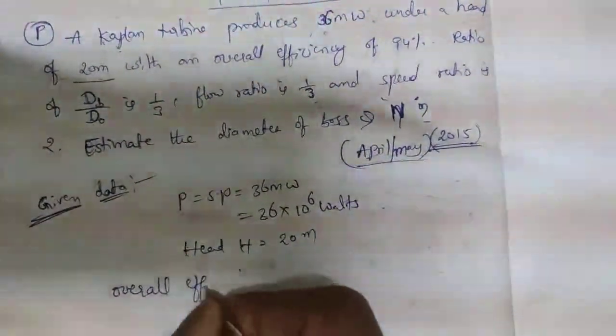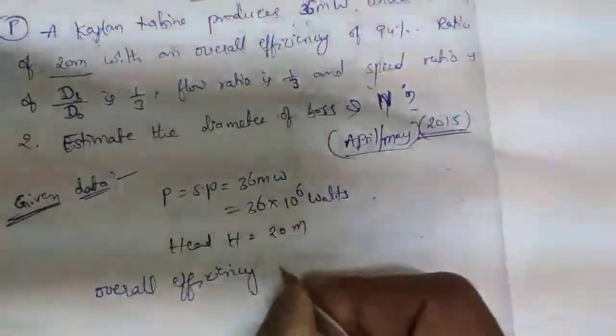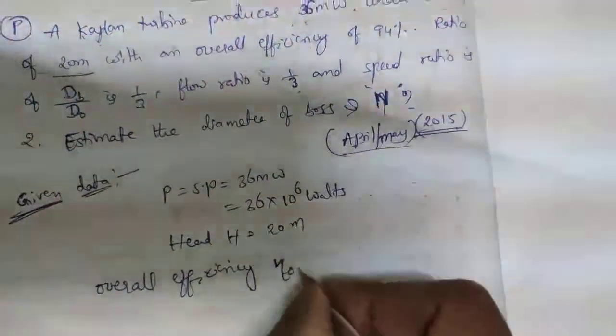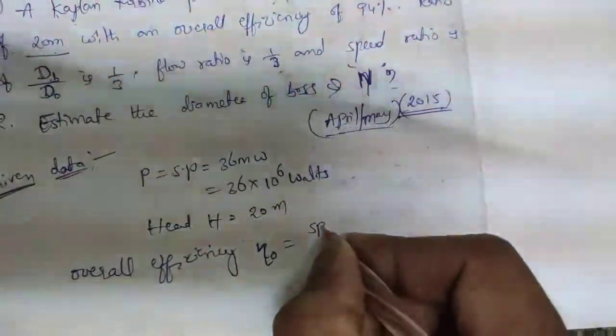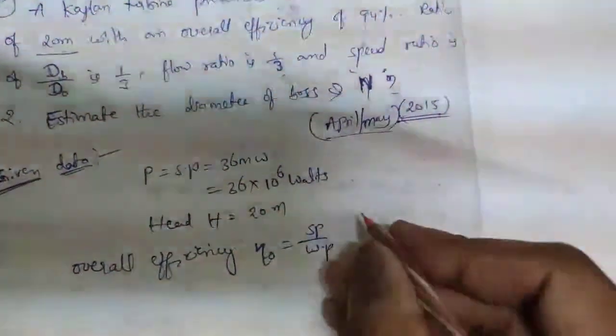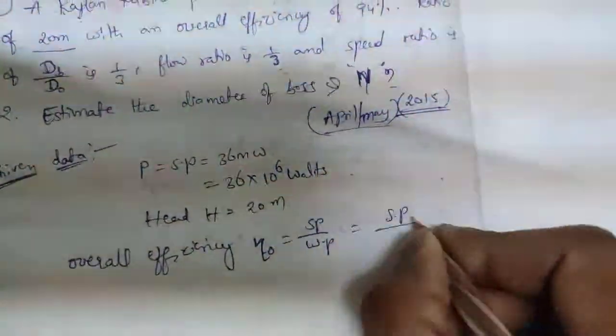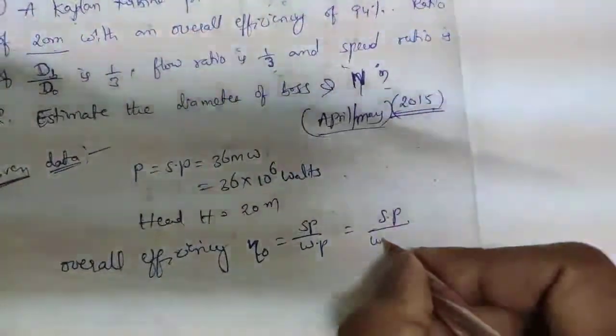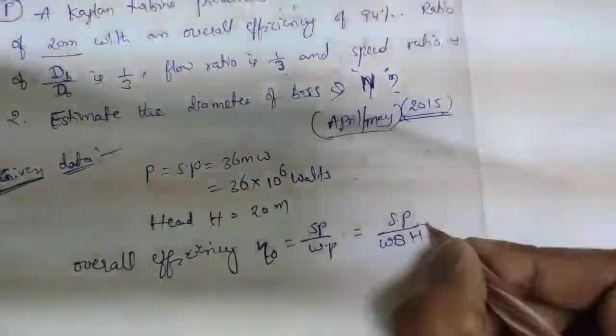Overall efficiency equals shaft power by water power, where shaft power is given in the problem, and water power means WQH.